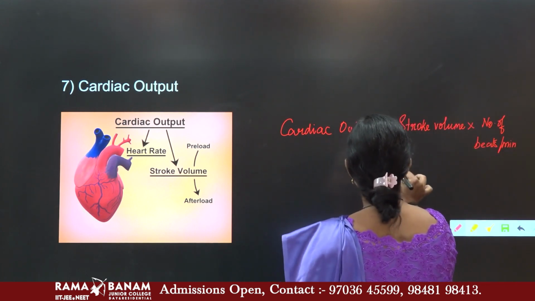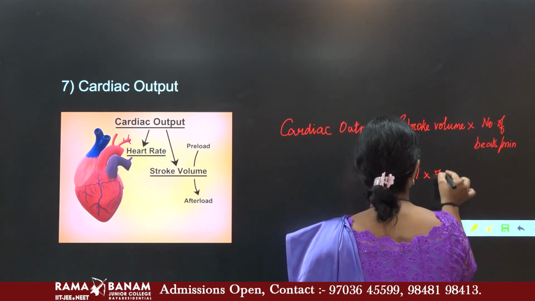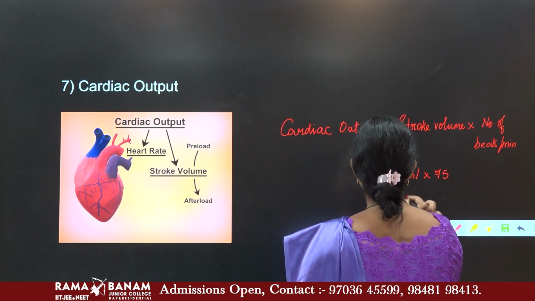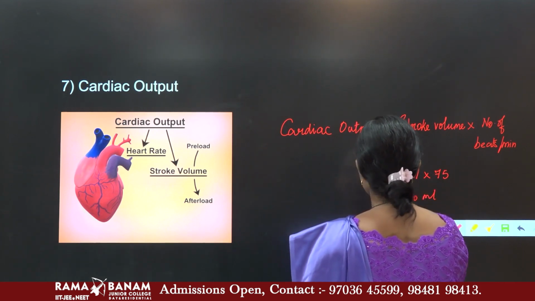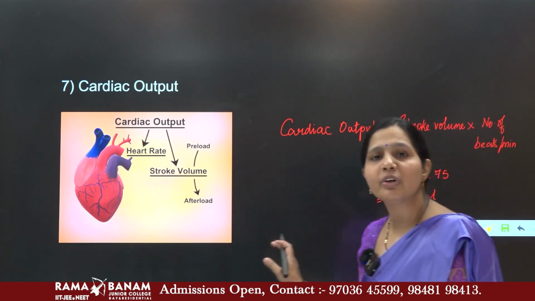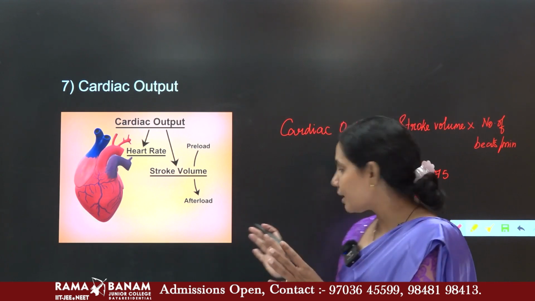The stroke volume is 70 ml and the number of beats per minute is 75. That accounts to 5250 ml, which is about 5 liters. So, 5 liters of blood will be pumped during one cardiac cycle, right.